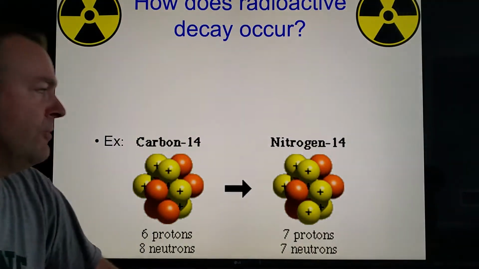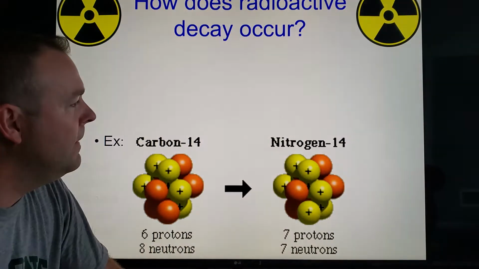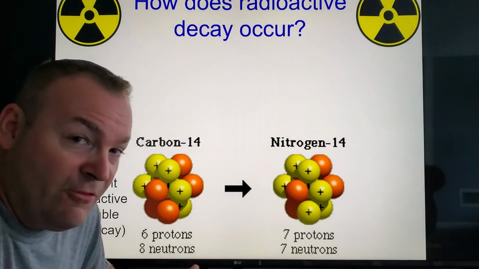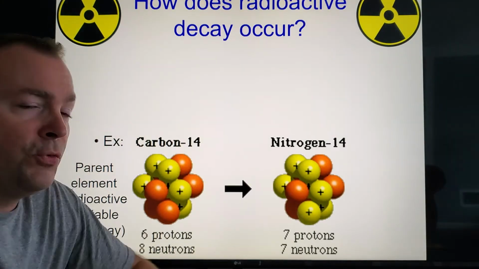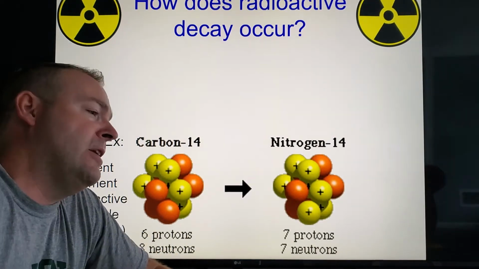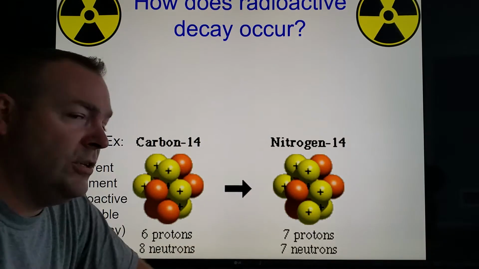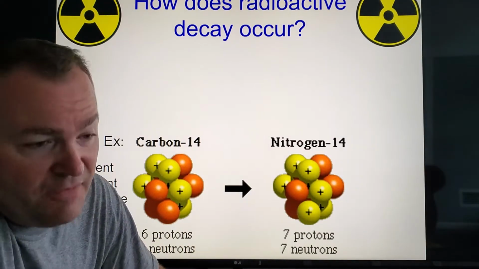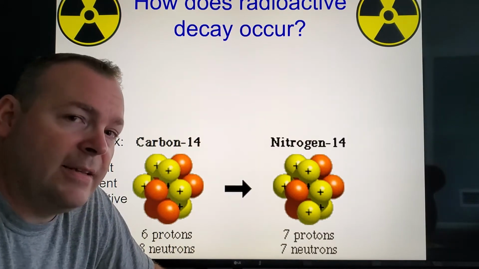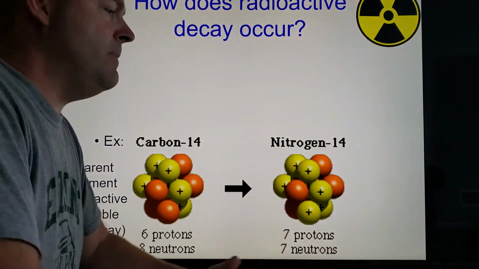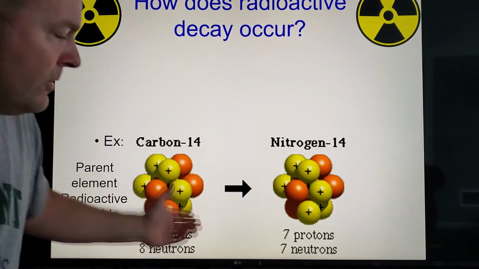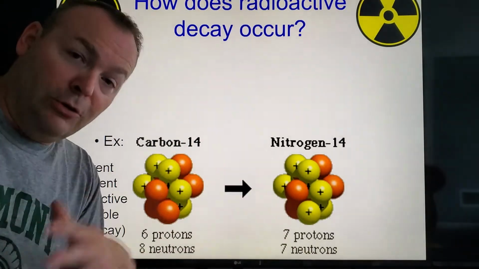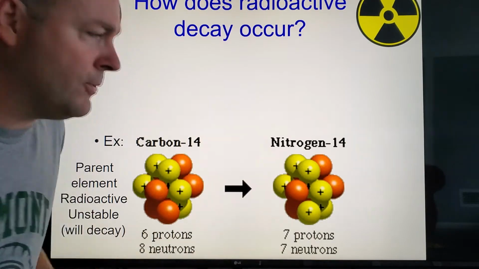If you go to your reference tables, and I'll show you the chart in a second, carbon-14 takes about 5,700 years to go through one half-life. So if you find a fossil where the amount of carbon-14 has been broken down halfway, it's got to be 5,700 years old because that's its half-life. And then you can keep adding those up depending upon the number of half-lives. Or if it's a different element, you can look up its half-life and do that same process.